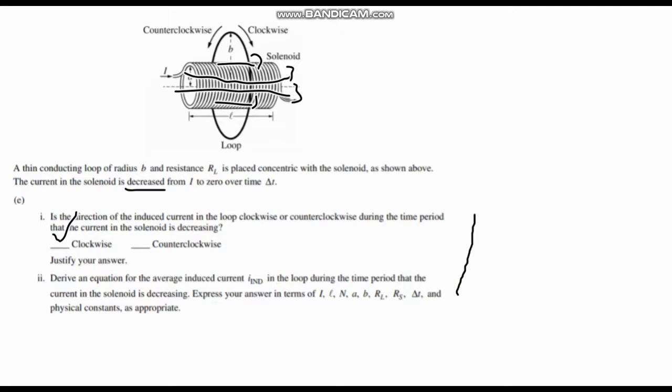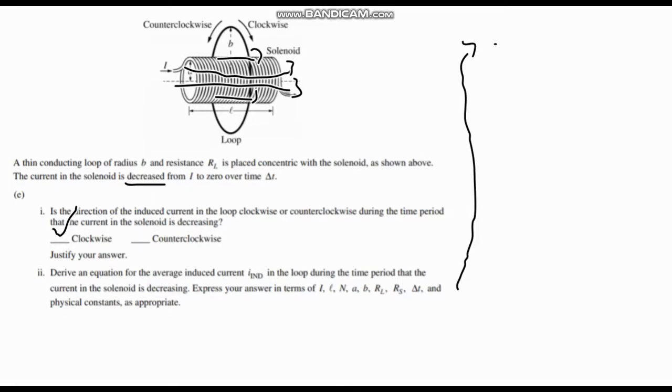So now derive an equation for the average induced current during the time period when it's decreasing in terms of these. So we know that the induced current is equal to the voltage over the resistance, which is R, that's Ohm's law. Know that the voltage is the negative derivative of flux over time.